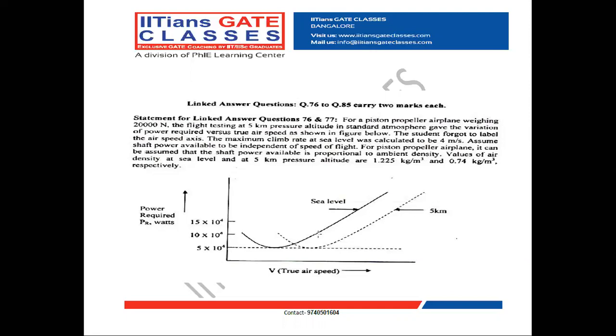They also give the minimum power required at sea level and at 5 kilometer altitude, which is the same. From this figure, that is equal to 5 x 10^4 watts. These are the given data, and weight is also given, that is 20,000 Newton.